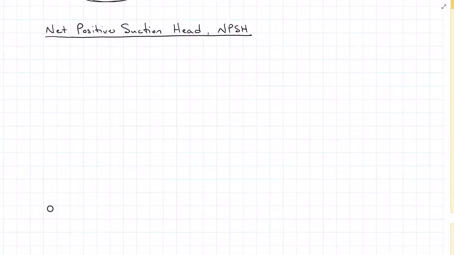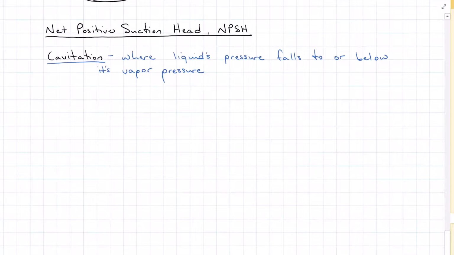So we need to make sure that the net positive suction head is at least equal to or greater than the liquid's vapor pressure, so we don't have cavitation. So vapor pressure, we're going to put into pressure head, specifically vapor pressure head, which is going to be PV over gamma.